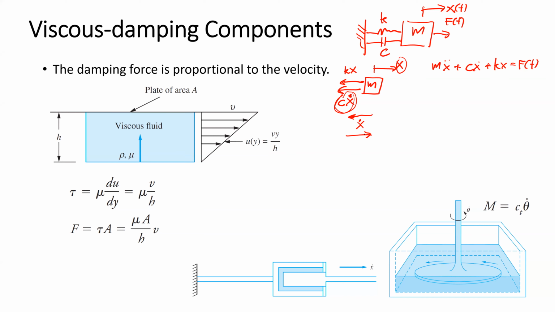So what kind of physical things can provide this property, have the direction opposite to the velocity and have the magnitude proportional to the velocity?